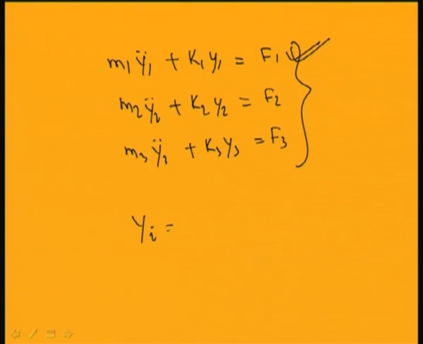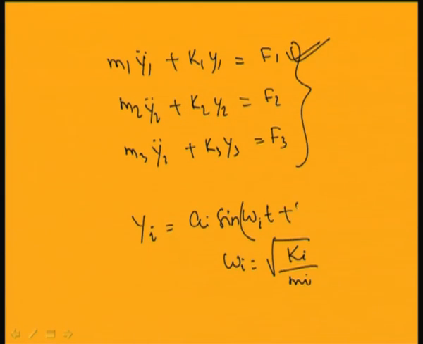You can find the complementary part of the system, which is nothing but yi equal to ai sin(omega i t plus psi i), where omega i equal to root over ki by mi. This ai and psi i can be obtained from the initial conditions. So, this is the complementary part of the solution, plus the particular integral.